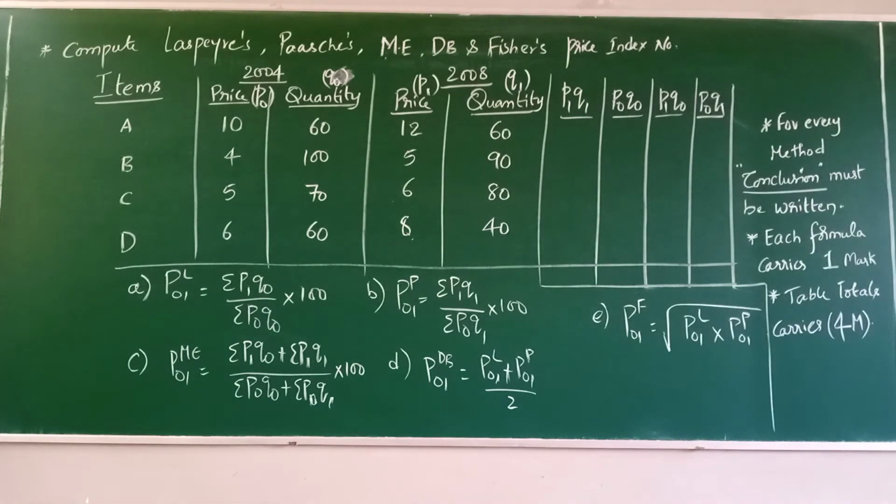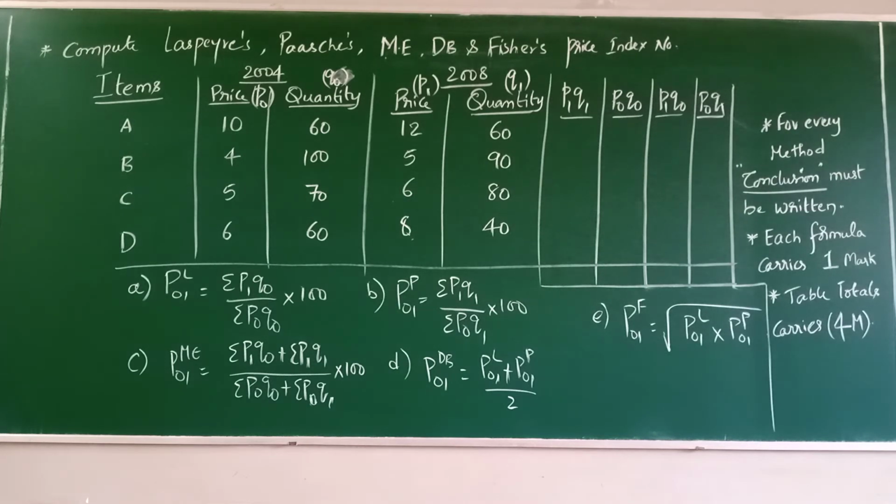So with that, just substitute the totals of P1 Q0 by P0 Q0. Anyhow you have calculated the totals in the table. Those totals are to be substituted in the written formula. Clear? After substituting you will get one answer for Laspeyres.